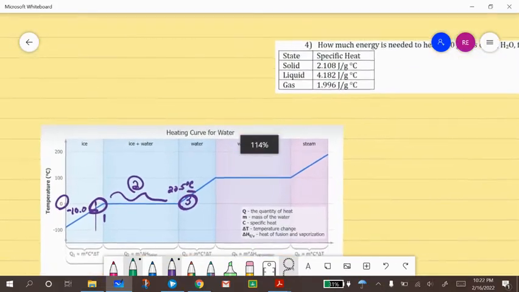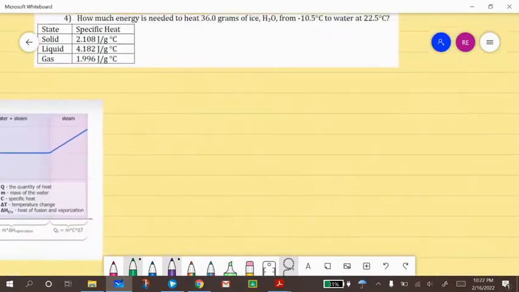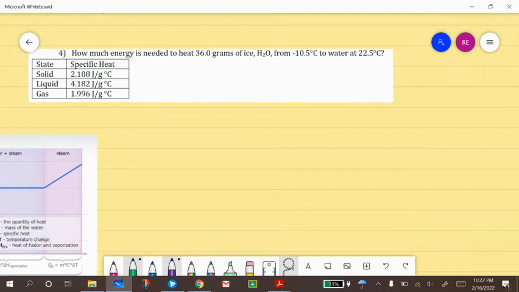Going back to our problem, we're going to do Q1 first, and that is how much energy we have to add just to get the ice to go from -10 to 0 degrees Celsius. The mass of ice that we have is 36.0 grams.